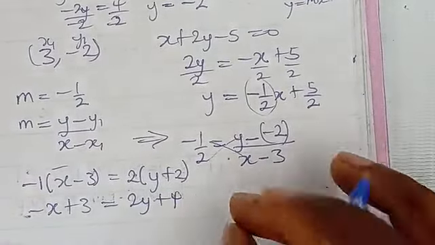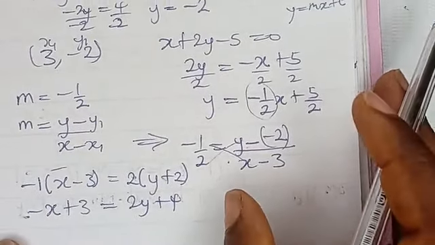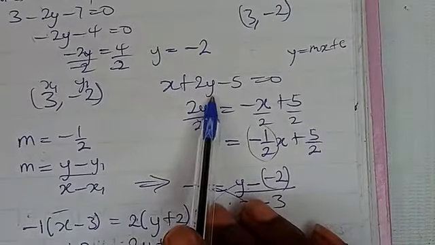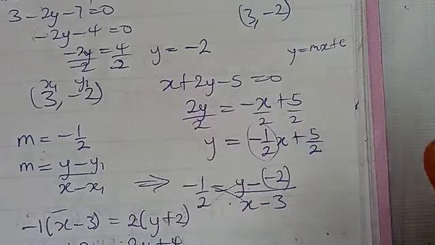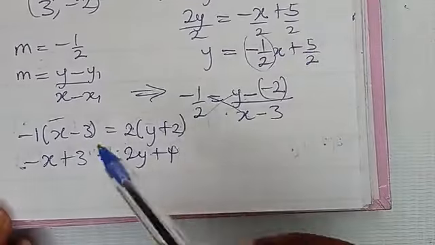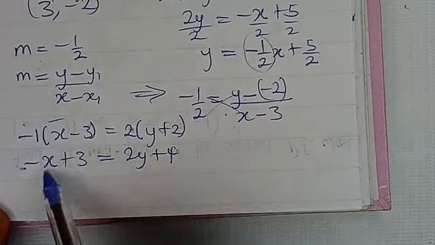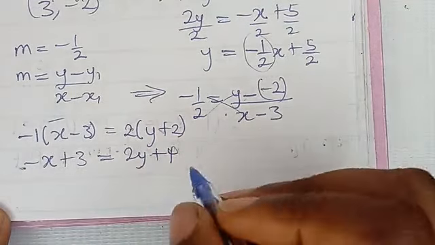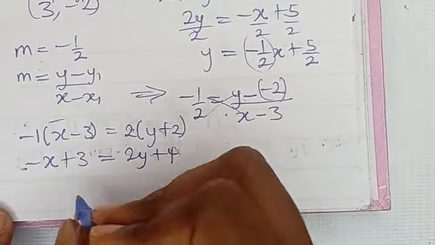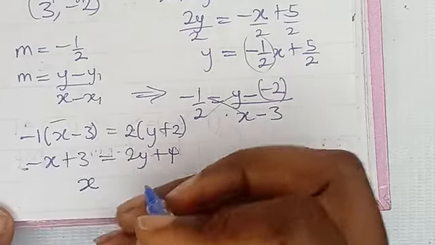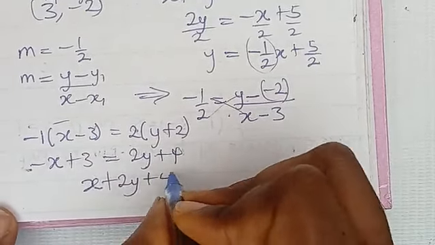Now, before we rearrange this equation, let's look at the equation we are interested in. We can see it starts with x, then we have a y value, and it's all equal to 0. So since it starts with a positive x, we send everything to this side. The x on this side becomes positive x, 2y was already there, and we already have a plus 4 here.